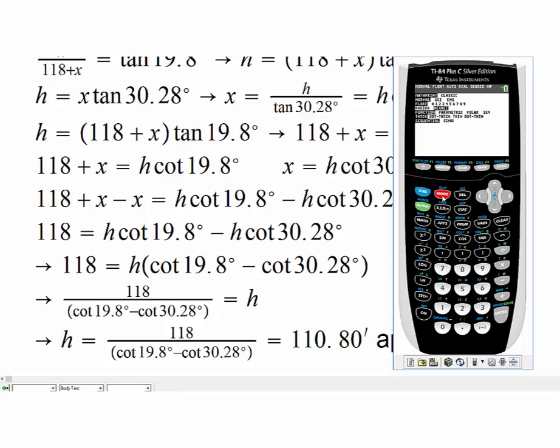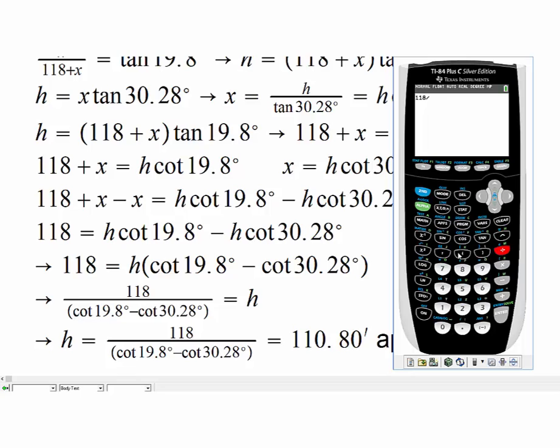So the first thing to do would be what? Make sure that the calculator is in degree mode, which it is. And then, I don't have the cotangent key here, but no problem. We know that the cotangent is the reciprocal of tangent.